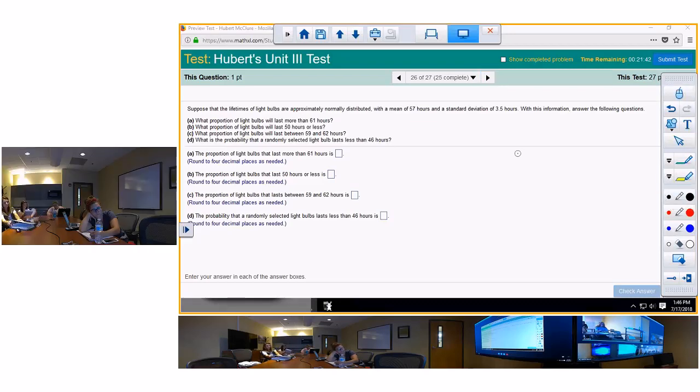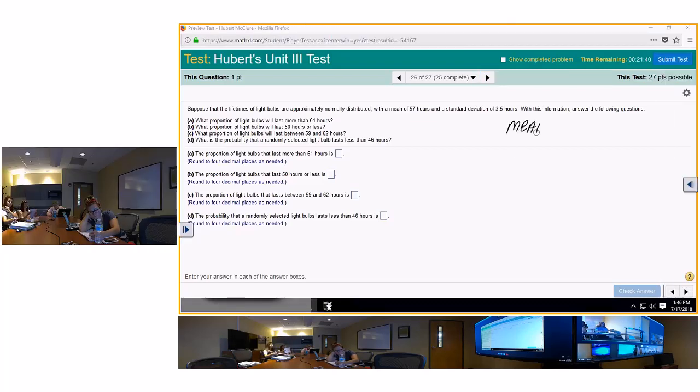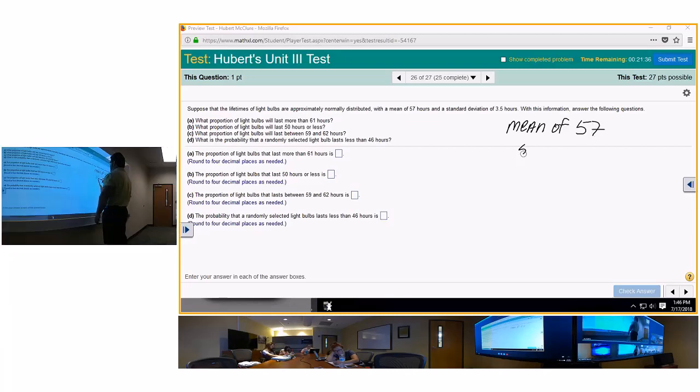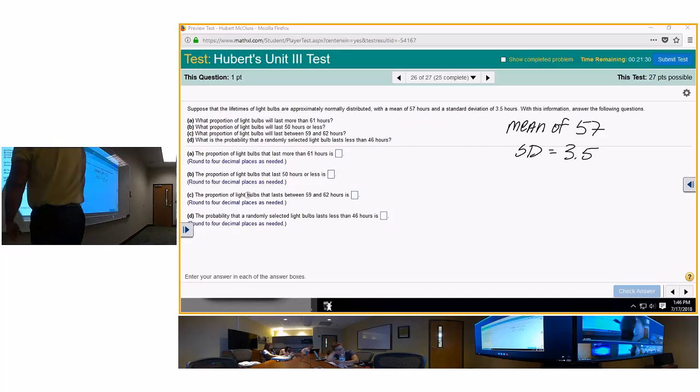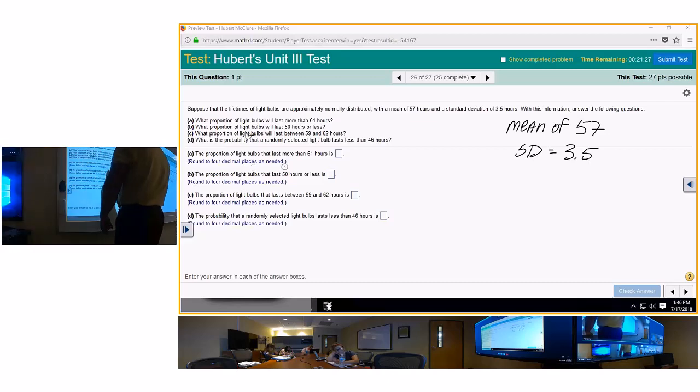Mean of 57, standard deviation 3.5, and they want to know here: the proportion of light bulbs that last more than 61 hours.